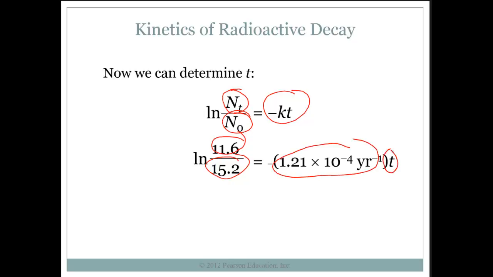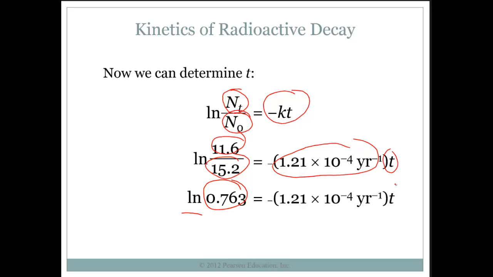So 11.6 divided by 15.2 is 0.763. Take the natural log of this and divide it by 1.2 times 10 to the negative 4, and that comes out to be 2,240 years.